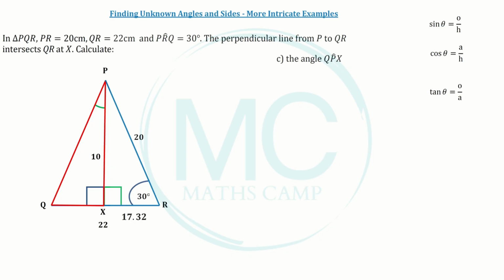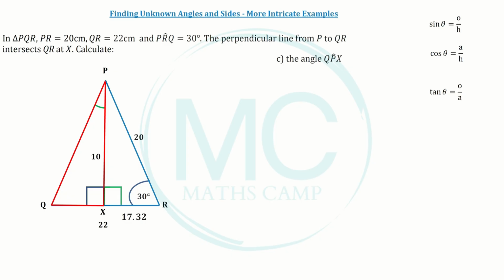Earlier in this question, we said it is very important to write down all of the given information on your diagram, and this is a perfect example as to why. When we drew our triangle, the question told us that line QR is 22 centimeters long, and in part A, we found the length of XR to be 17,32 centimeters long. Now, QX lies on the larger line QR.